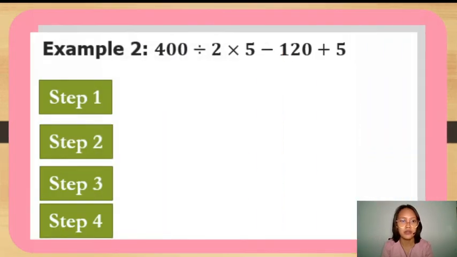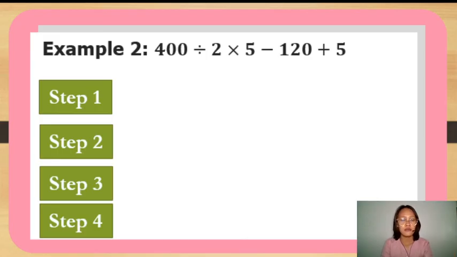Another example, we have 400 divided by 2 times 5 minus 120 plus 5. Kung mapapansin ninyo, wala po tayong parentheses. So, saan tayo mag-start? Kapag wala kayong nakitang parentheses sa isang equation, doon na kayo mag-start agad sa M. MDAS, dun sa MDAS.